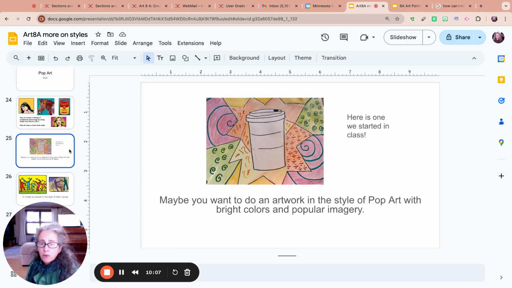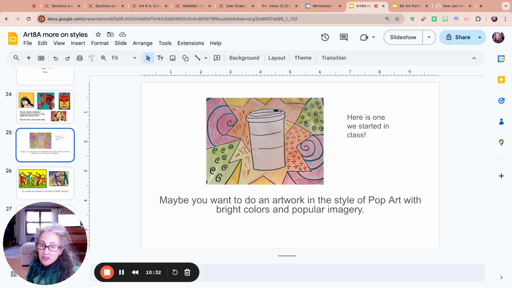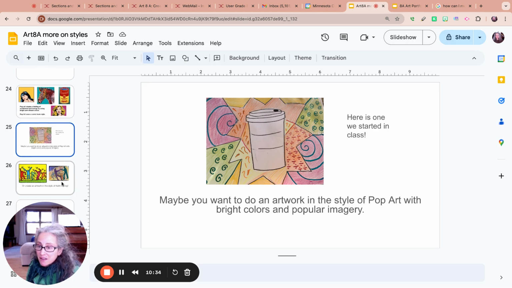We did an artwork in the style of Britto, a pop art artist, where we drew shapes and patterns in the background, outlined them, colored them with bright colors, and had a simple image of something popular, some popular image that everyone connects with, like your morning to-go coffee, in the center. So that was one we started in class.